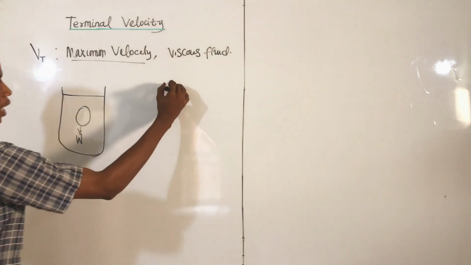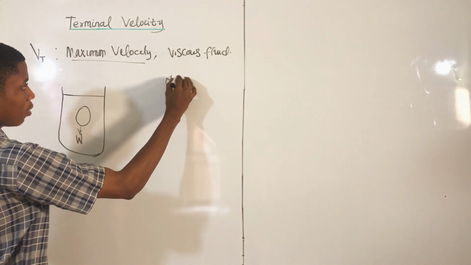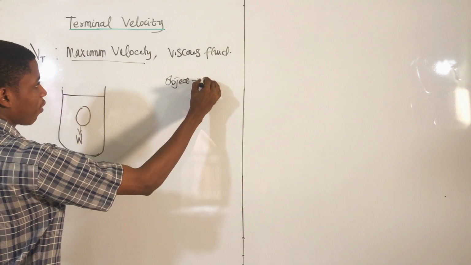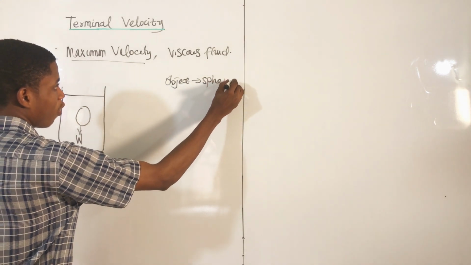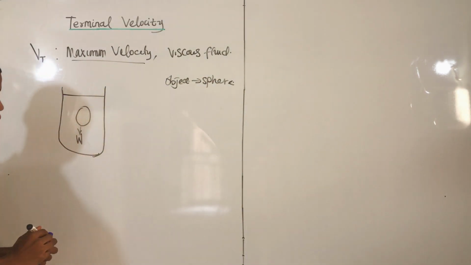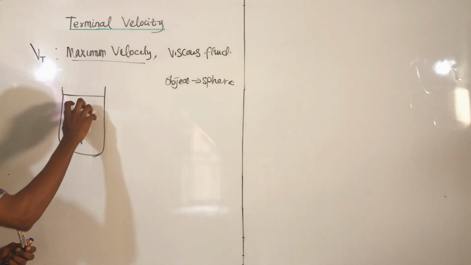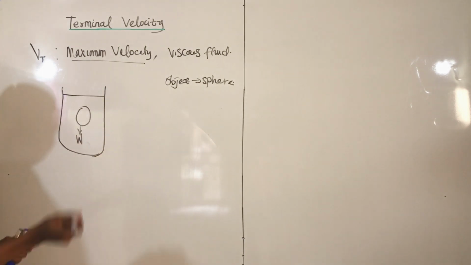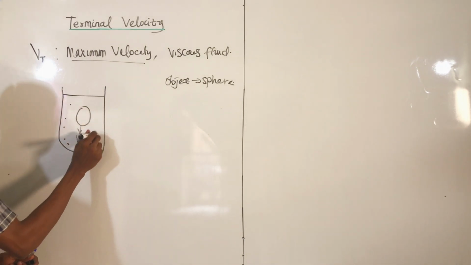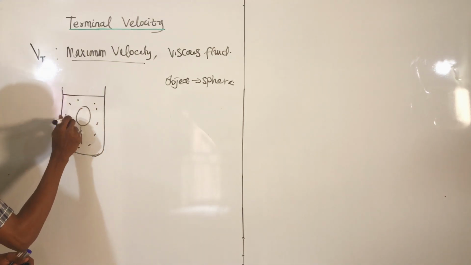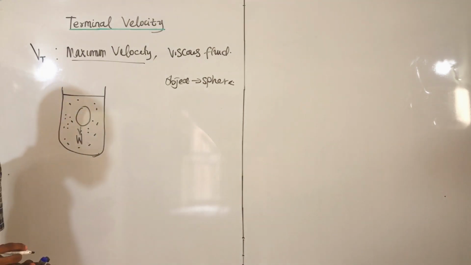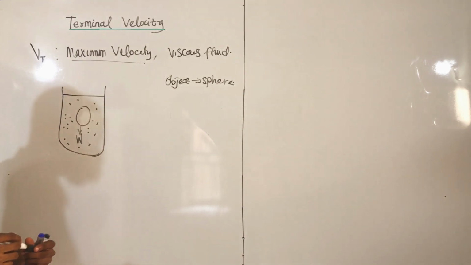In this case, let that object be a sphere, more like a ball. So take note. So this is the object, it must have a weight, and since it's falling in a viscous fluid, there must be what? A buoyancy, or what? An upthrust.